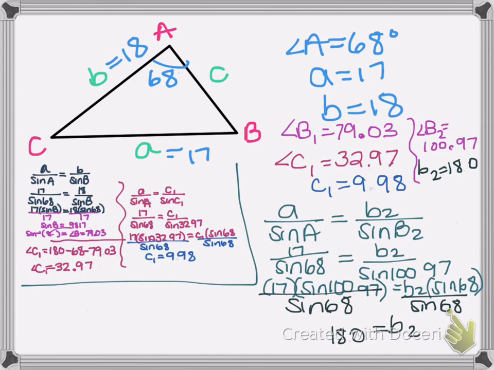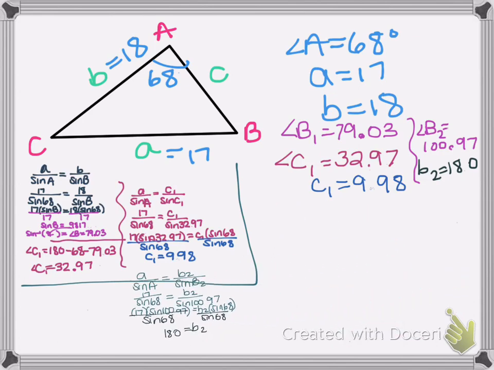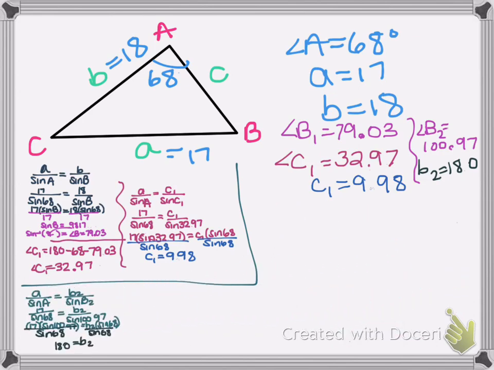And then the last thing I have to solve for is side C2. So I'm going to use A over sine of A again. 17 over the sine of 68 would equal C2 over the sine of angle C2, which I have to find by subtracting B2 and A from 180.